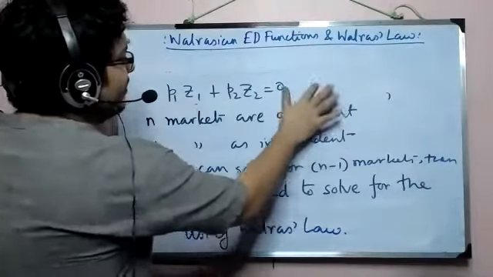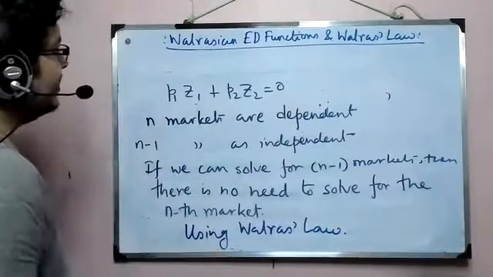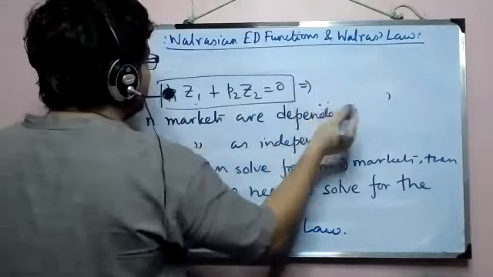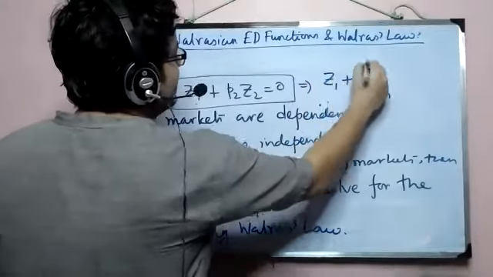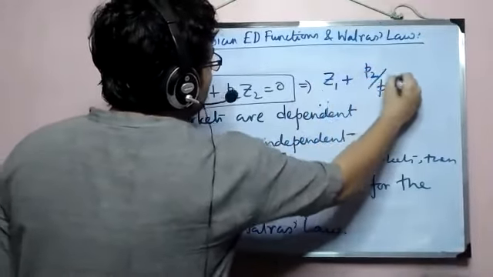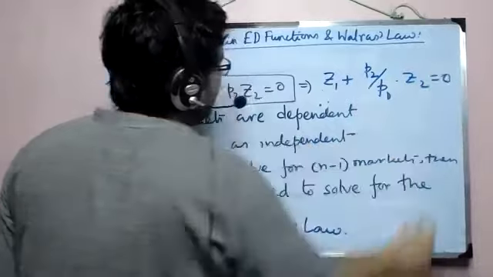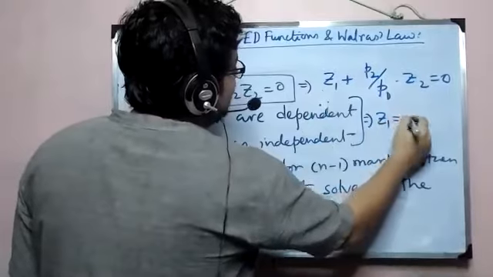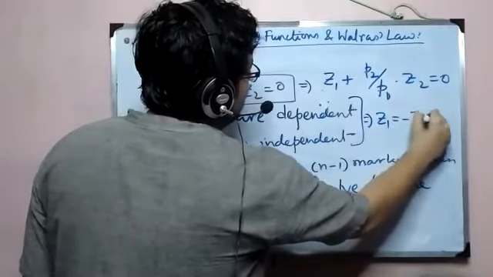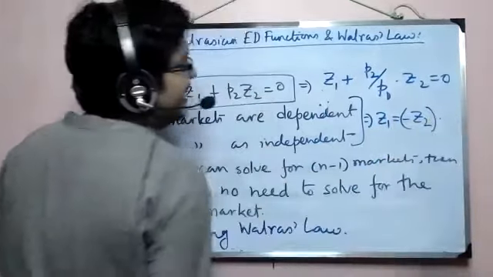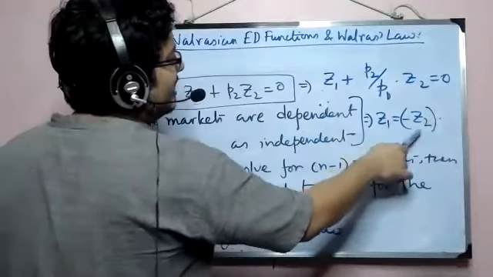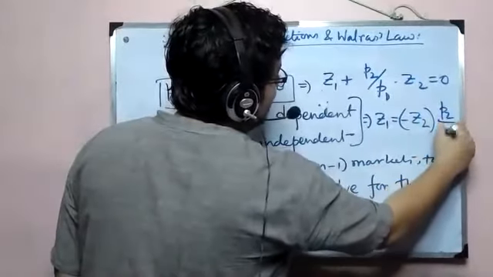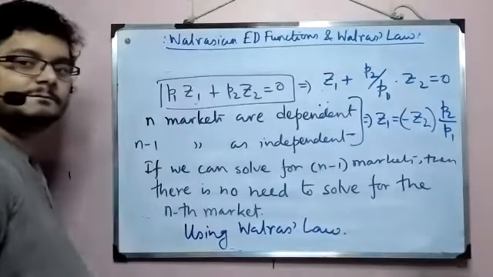Let's view it from this equation. You're saying that this holds at any price set. So I can write it like this, and that means Z1 is basically minus Z2, which gives our relation between excess demand and excess supply multiplied by P2 by P1.